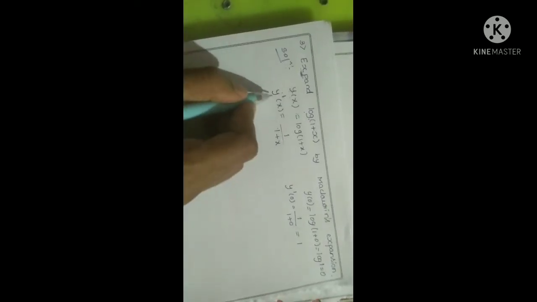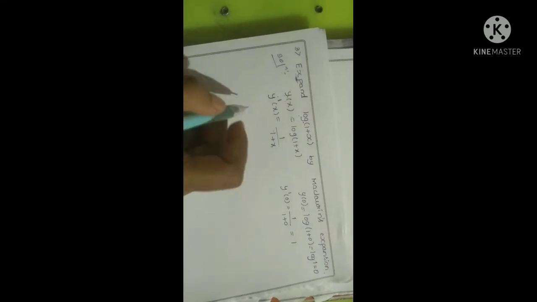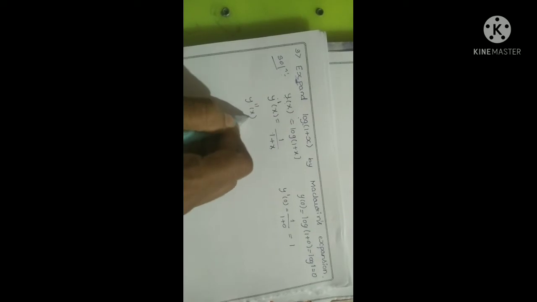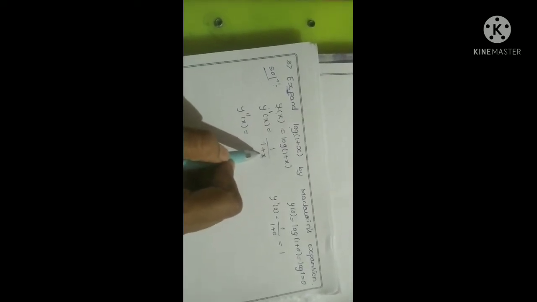Next, y dash of x further should be differentiated, right? Again, at least till y to the power of 4 terms. So what is your second differentiation? It will be y double dash of x. How do you differentiate? Using the quotient rule.